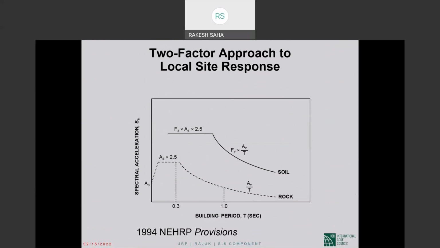The next significant thing that happened was in the 1994 NEHRP provisions. In the Mexico earthquake of 1985, and then in the Loma Prieta earthquake of 1989, and I have talked about this in one of the segments, we became very aware that the short period part of the spectrum and the long period part of the spectrum are amplified differently by soft soil overlying rock.